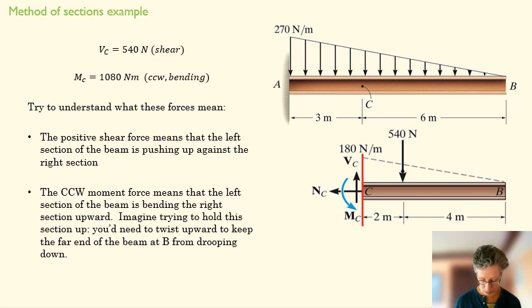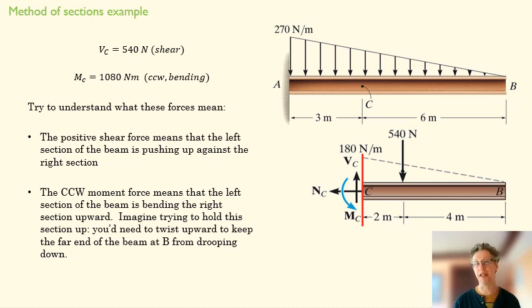The counterclockwise moment is trying to counteract the moment created by this 540 Newton force. This force is trying to turn our beam in a clockwise direction, and the internal moment is trying to keep it straight, right? So think about this: if I push down on this, point B is going to tend to go down, and this internal moment is trying to keep B where it is.